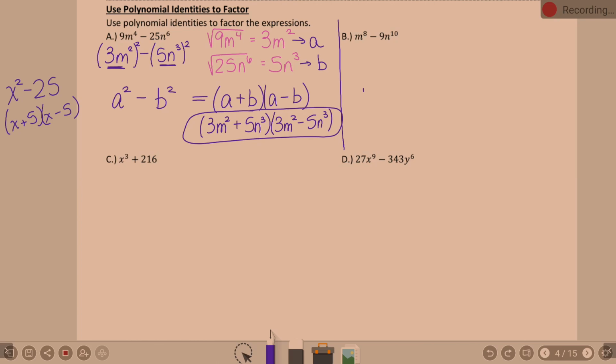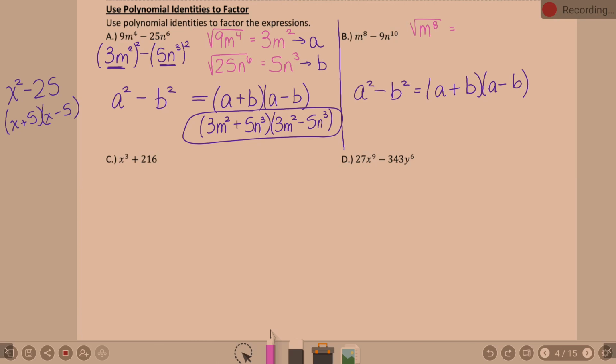So we're going to have that same format again, of a squared minus b squared equaling a plus b and a minus b. All I need you to think about is, what's the square root of each term?